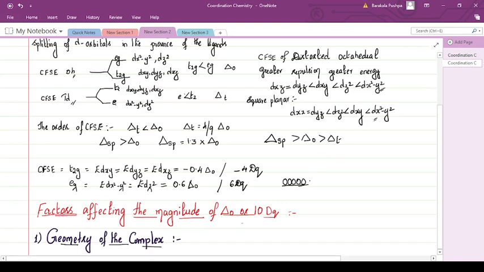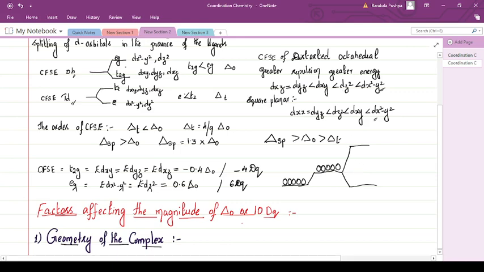As the ligands approach, their energy increases, so they are in an excited state. But when the ligands approach completely and form a bond, the orbitals split into different energy levels. They lose their degeneracy.